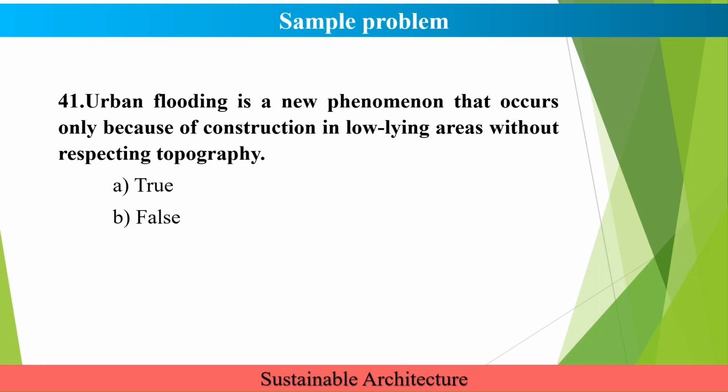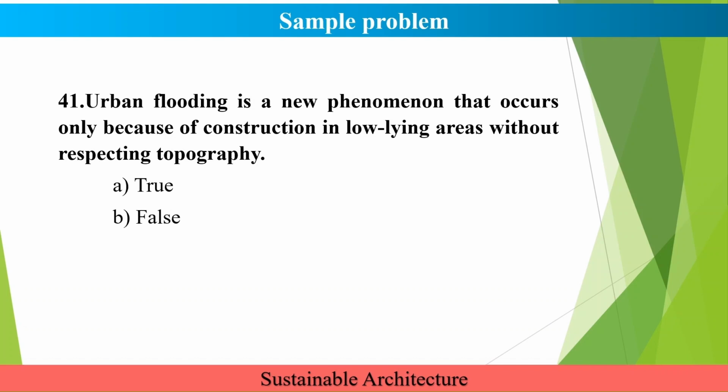as per you, the statement that urban flooding is a phenomenon that occurs only because of construction in low-lying areas without respecting topography is incorrect. The word only is making the problem, because it could happen just if you do not have proper management of water runoff in any kind of area, or proper drainage.